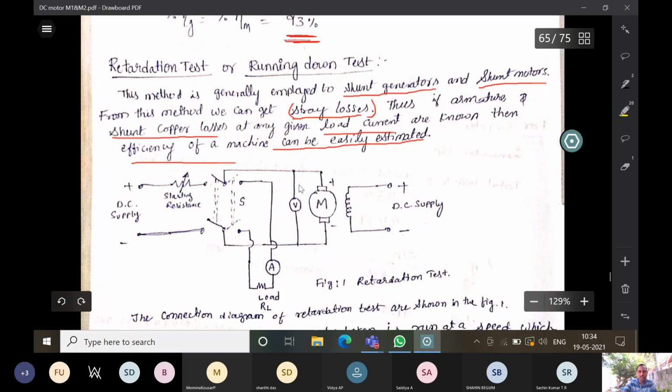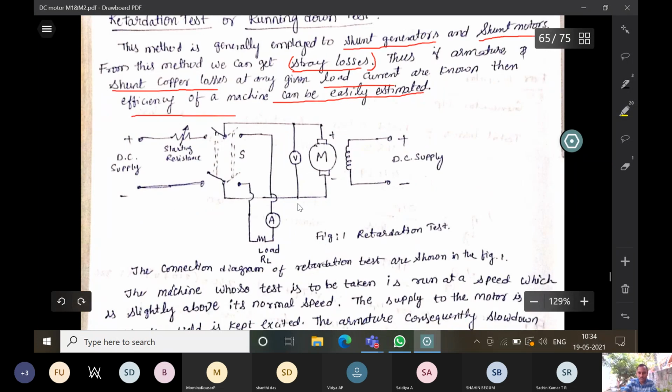For this retardation test the circuit diagram is shown here. This is the motor, and DC supply is given to the field winding as well as the armature. There is a starting resistance, like a starter, and a two pole switch is used here.